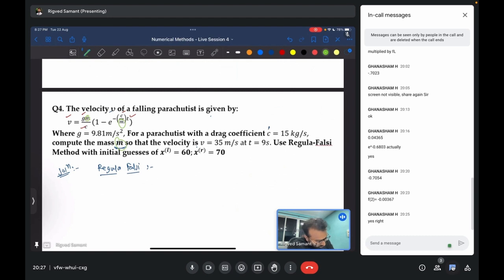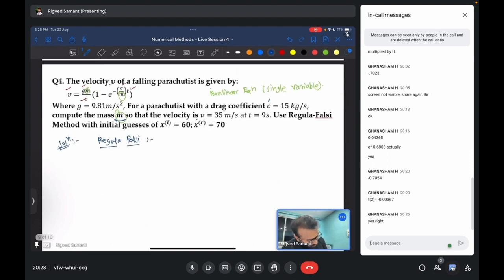So this is a nonlinear equation. Why nonlinear? Because this m term, the dependent term, is in the exponential. And only one unknown variable is there, that is why it is a single variable nonlinear equation. Okay.